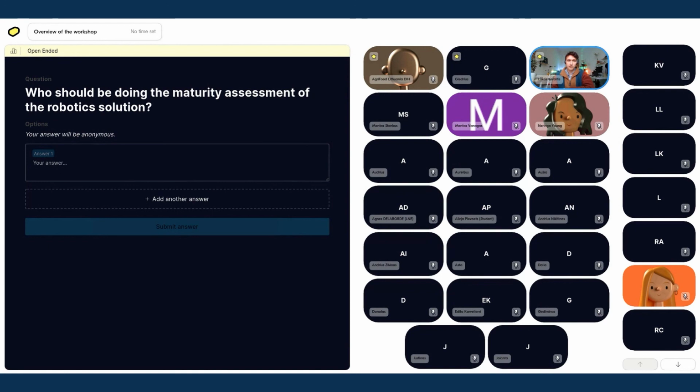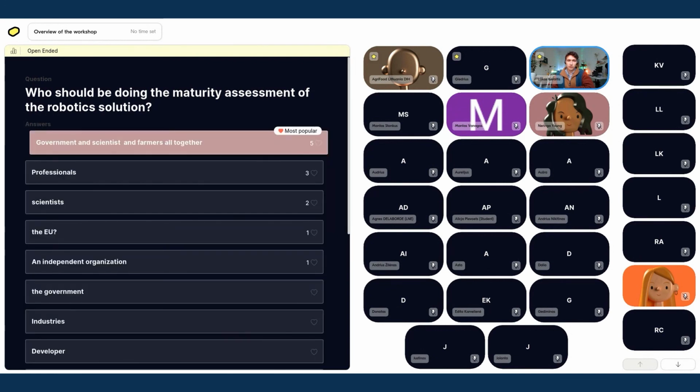Let's vote on the answer you like the most, and let's stop the poll. The most popular answer is government and scientists and farmers all together, which is nice. A few more open-ended questions.